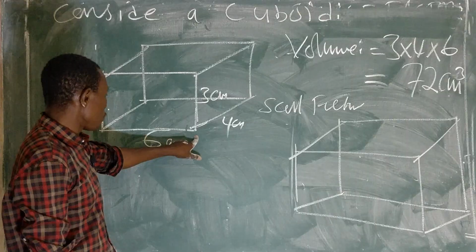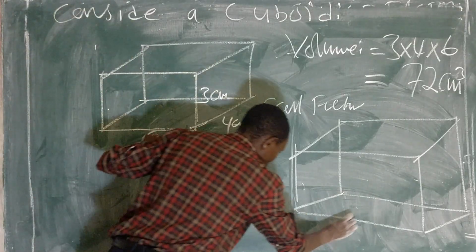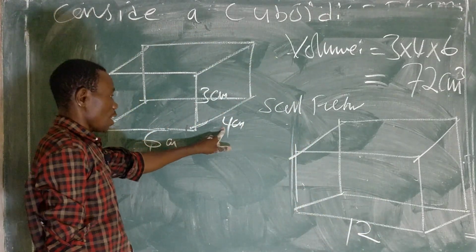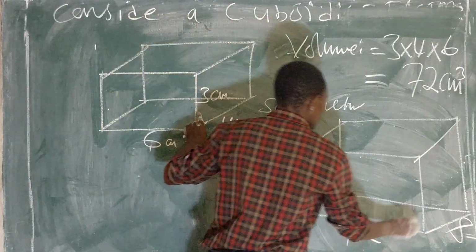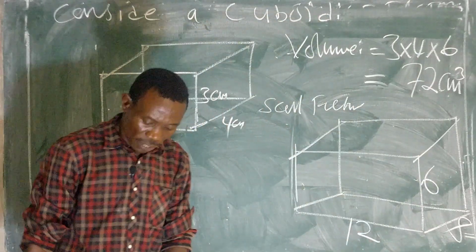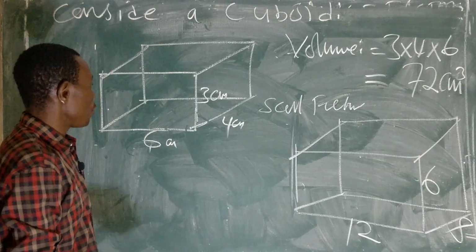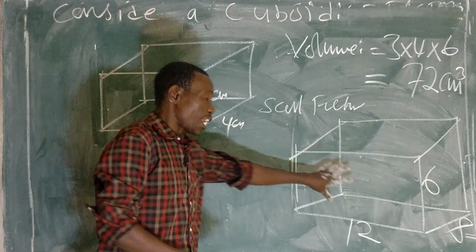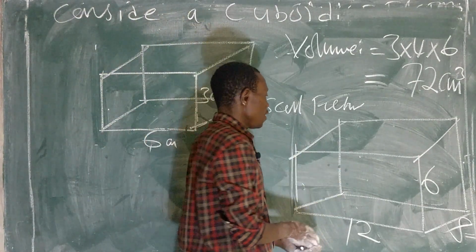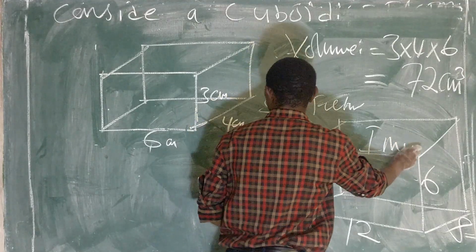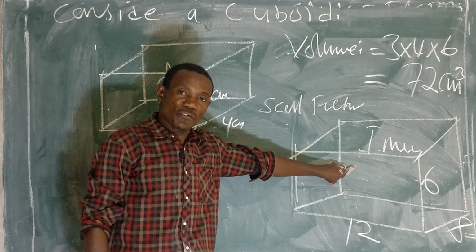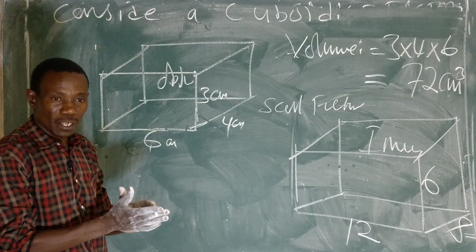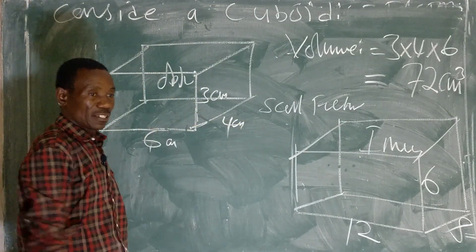The length will no longer be 6, it will be 12. The width will be 8. The height will be 6. So that's the figure we have. This one is the image and this one is the object, and definitely the two figures have to be similar.